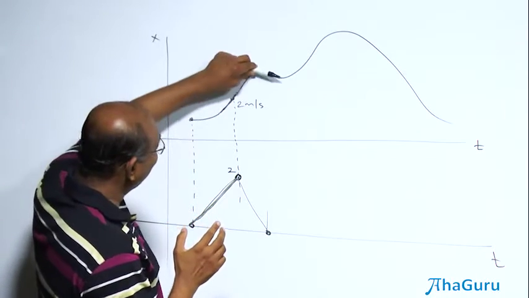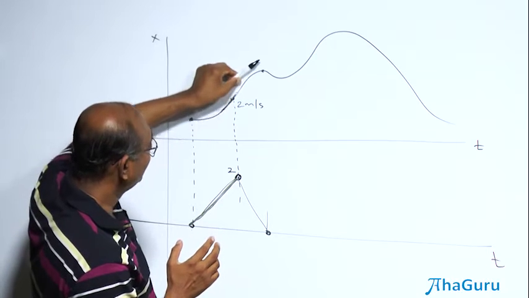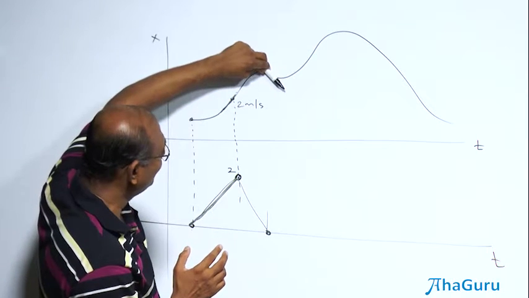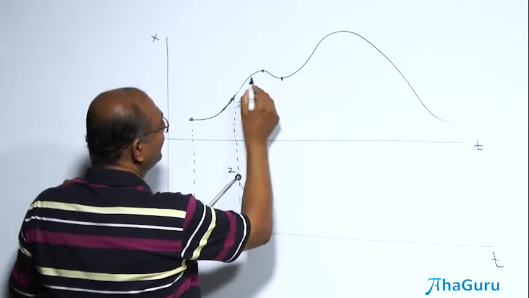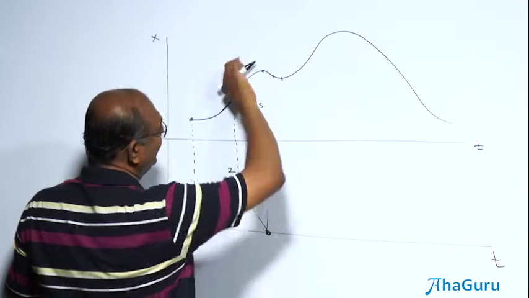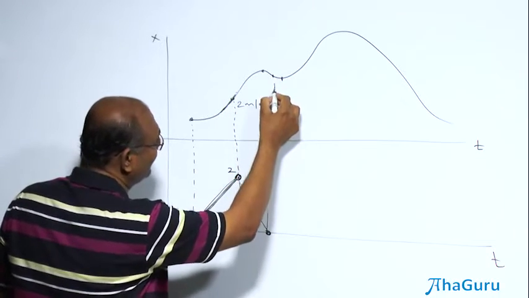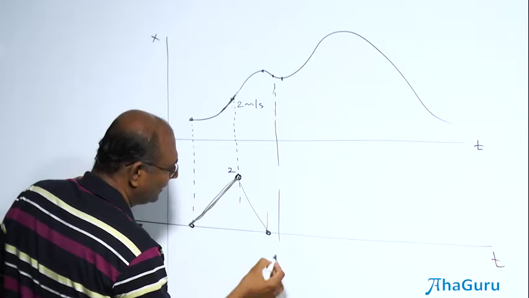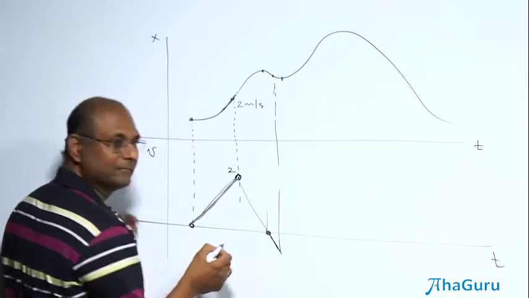But then it continued decreasing because now the velocity, which was 2, became 0 and then continued to become negative. Maybe till this point, not even that point, somewhere till there, it continued being negative. So if I drew like a dotted line there, this guy went further down, maybe same straight line.